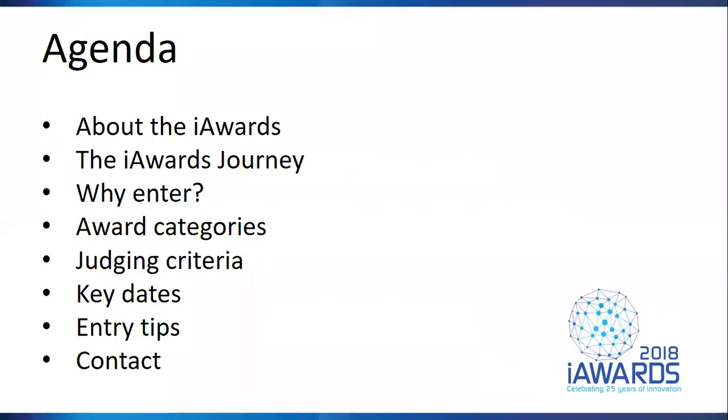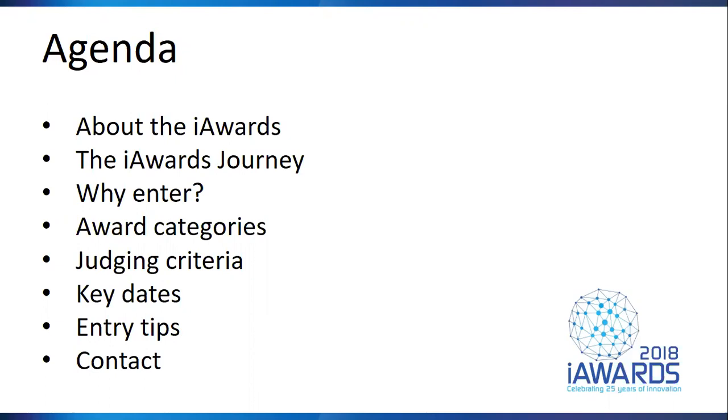So we should take about 30 minutes and here's a quick overview of what you'd expect us to go through today. So we're going to look at a quick snapshot about the iAwards. We're going to look at the journey that's involved, so the different programs that we have along the way in the iAwards journey. Some reasons to enter.